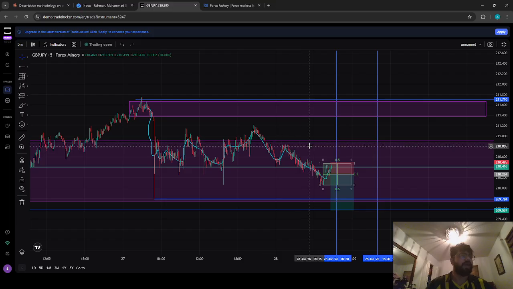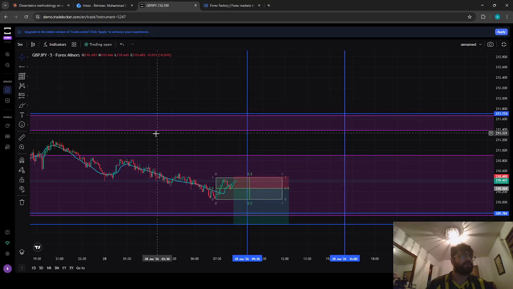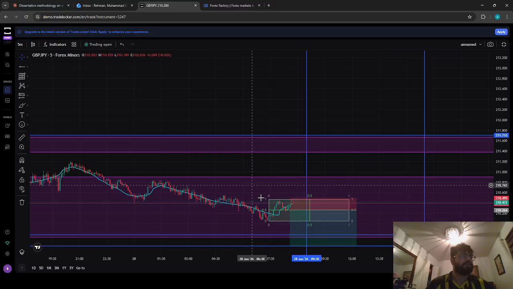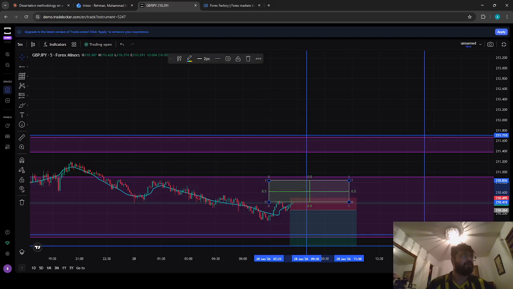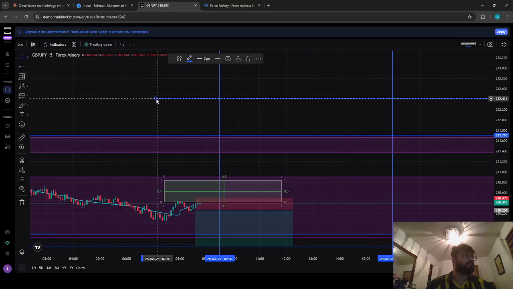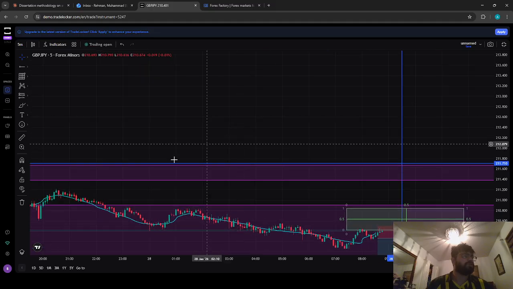Okay. If it passes this right here, you guys see that? Because then we're going into higher highs again, right? Because we're breaking structure. So if price goes above here, we're wrong, right? Right there. There. That's too much.